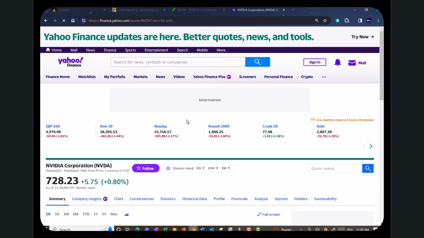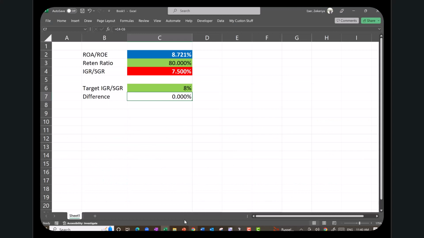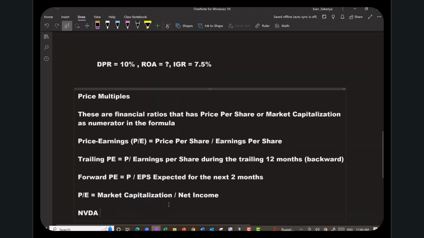So current price is 728. Expected EPS for 2024.